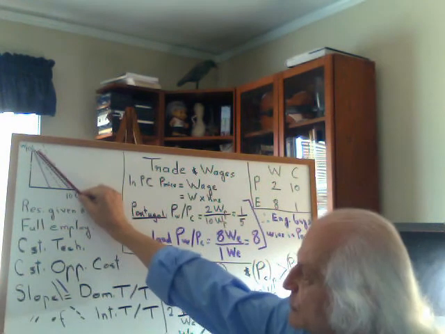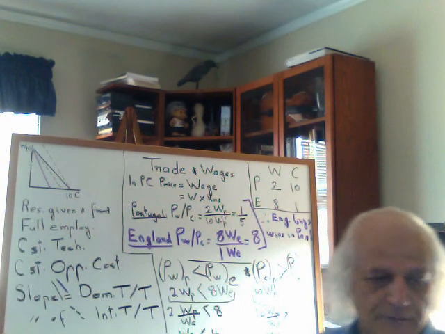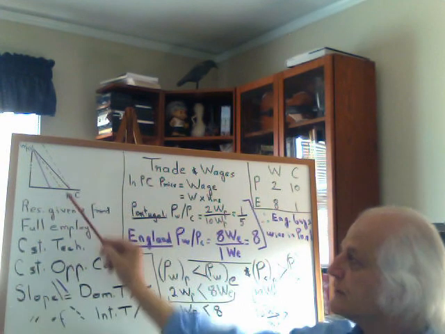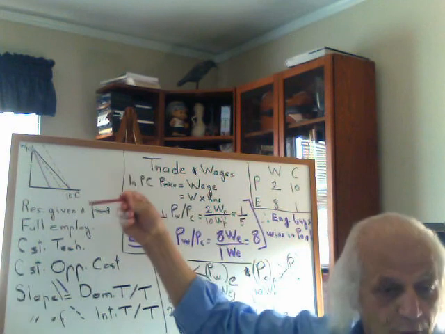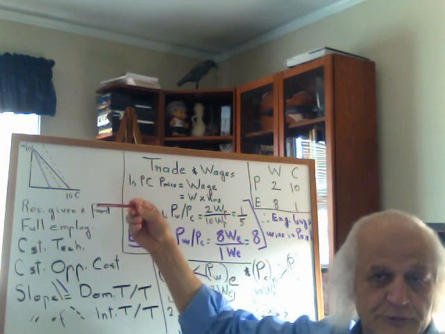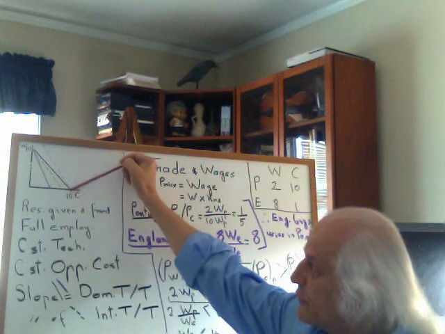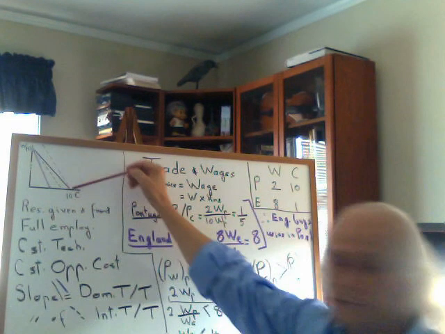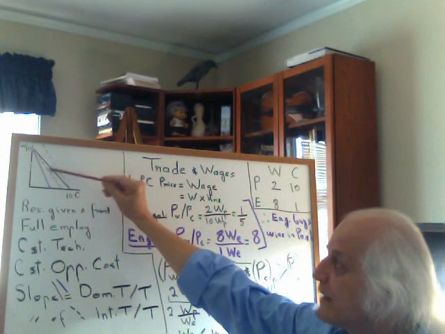Let's take this one, which is probably the one that is most obvious, the one that is more clear on the diagram. All it means is that this country, to be fully employed, remember one of the assumptions we spoke about was full employment, can produce either this or any of these combinations. It cannot produce anything outside of this line.